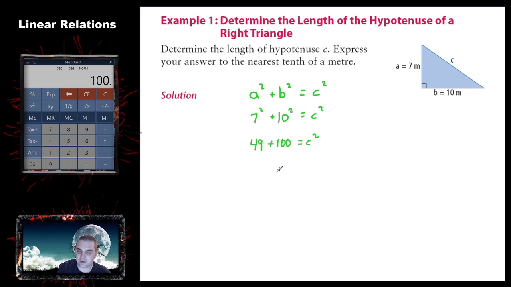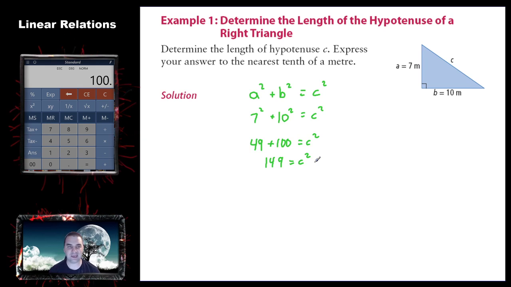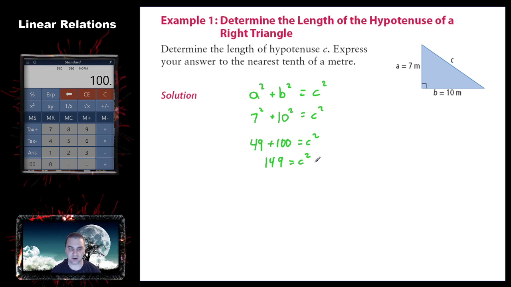Pretty sure you can add 100 plus 49. If not, well, I don't know what to say about that. But here we go. 149 is equal to C squared. This is the part where some people might get a little stuck. Well, what do I do here? How do I do this? How do I get rid of that square?